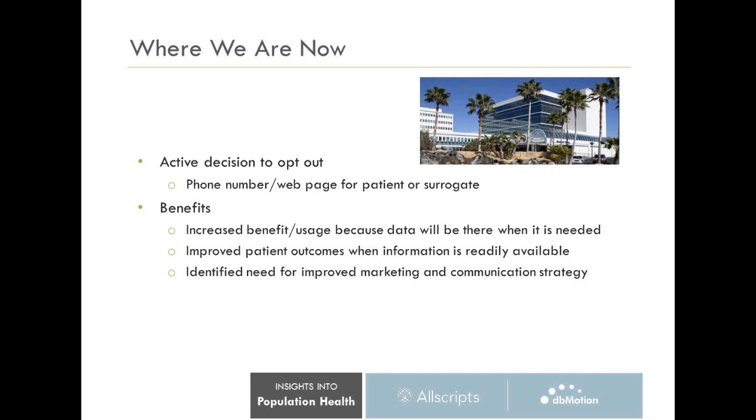But our next steps are, one, to go to the provider level and have a conversation about how they're using the HIE now that patient information is being provided, and then really to find out what the usage is and how it has increased based on our opt-out strategy.